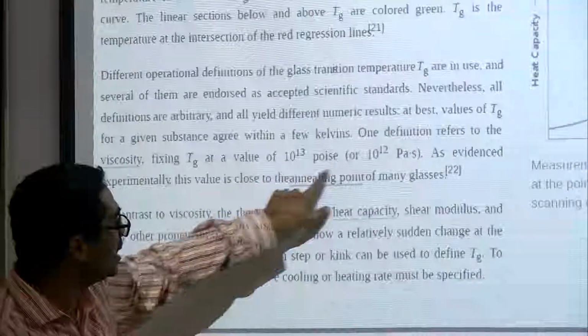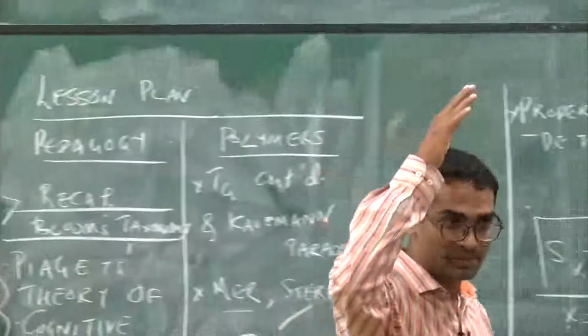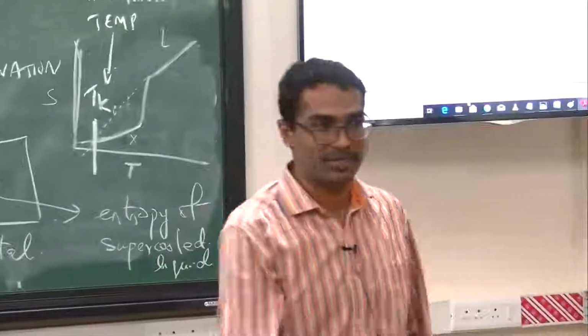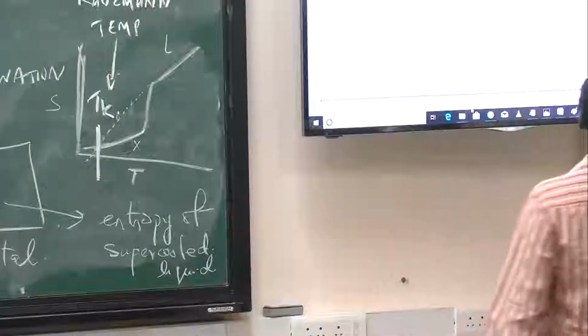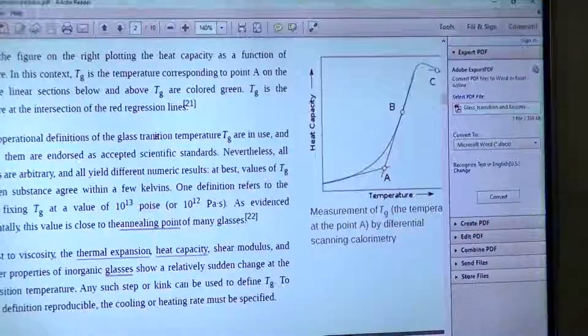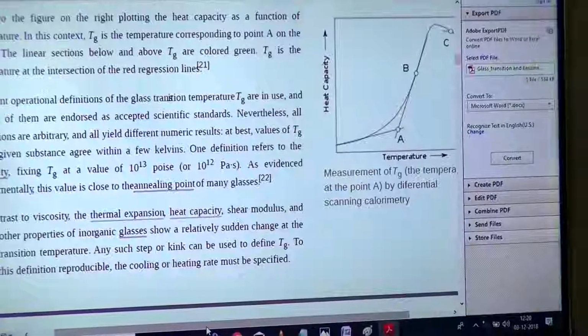And whenever you hit this value, you can define that as Tg, or you can define Tg based on the earlier graph, that is specific volume as a function of temperature, or by using Cp as a function of temperature. Wherever you see this change in slope is what you can actually use to determine your glass transition temperature.